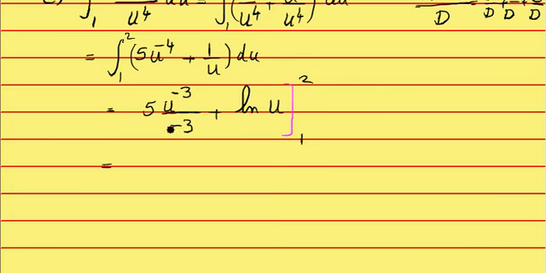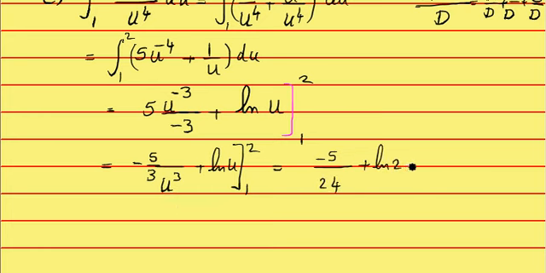You might want to write this a little bit nicer, which is minus 5/3 of u cubed plus logarithm of u. So I plug 2 into this, it becomes minus 5 over 3 times 8, that's 24, plus logarithm of 2. Now I plug 1 into this.